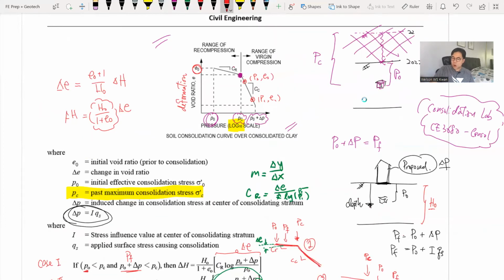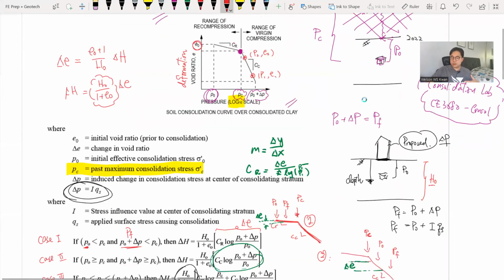When the pressure goes beyond the maximum past pressure, which means beyond the stress level the soil has ever experienced, then it starts to collapse, or accelerates the deformation of the soil particles, which involves the mineralogy and also the water reactions with the clay particles and clay minerals. You will accelerate the deformations when the stress level goes beyond the maximum past pressure. So that's why the C sub C slope is always greater than the C sub R.